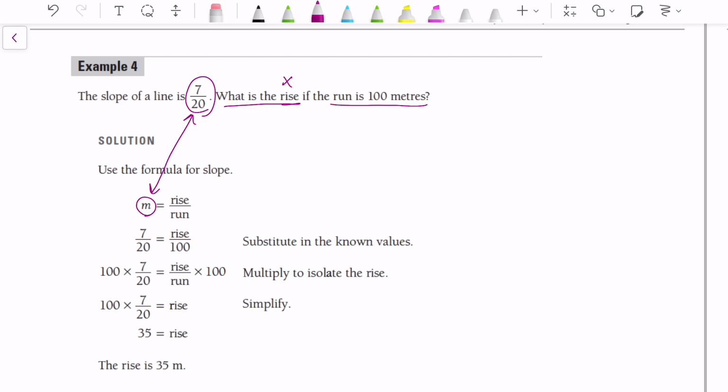So we plug in, either leave the word rise or put an x, and then we put in the 100 where run is. And as I said before, this step that I started is not necessary every single time. I think it's better if we cross multiply. It's totally up to you which way you choose. Cross multiplying, you're going to get 20x is equal to 700. You're going to divide by 20, and you're going to end up with a rise of 35 meters.